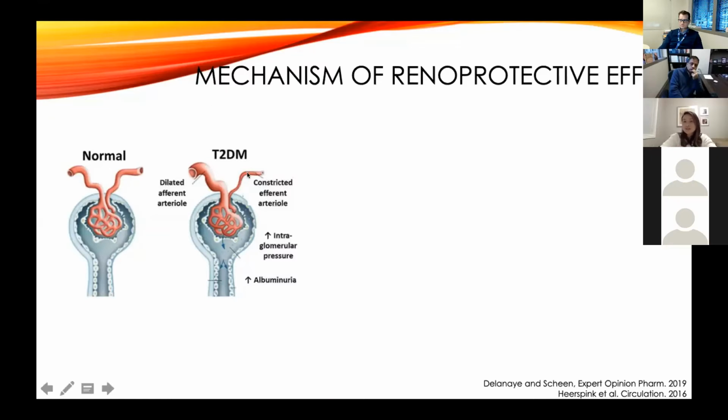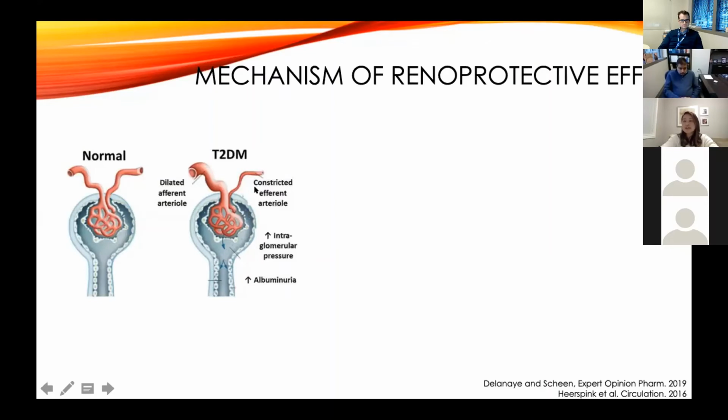By contrast, the vasoconstrictors angiotensin II, thromboxane, and endothelin 1 preferentially increase the efferent arteriolar resistance. This imbalance results in increased intraglomerular pressure, and over time results in sclerosis.